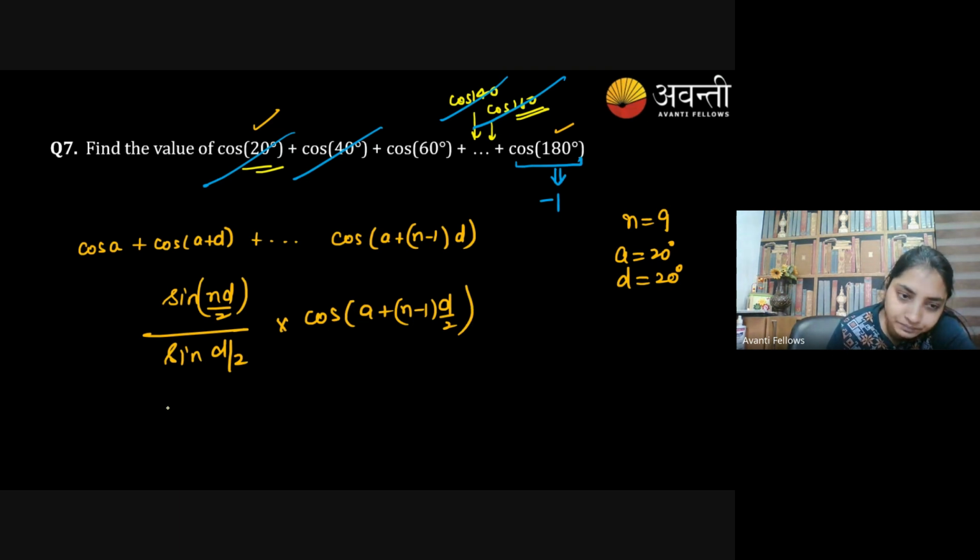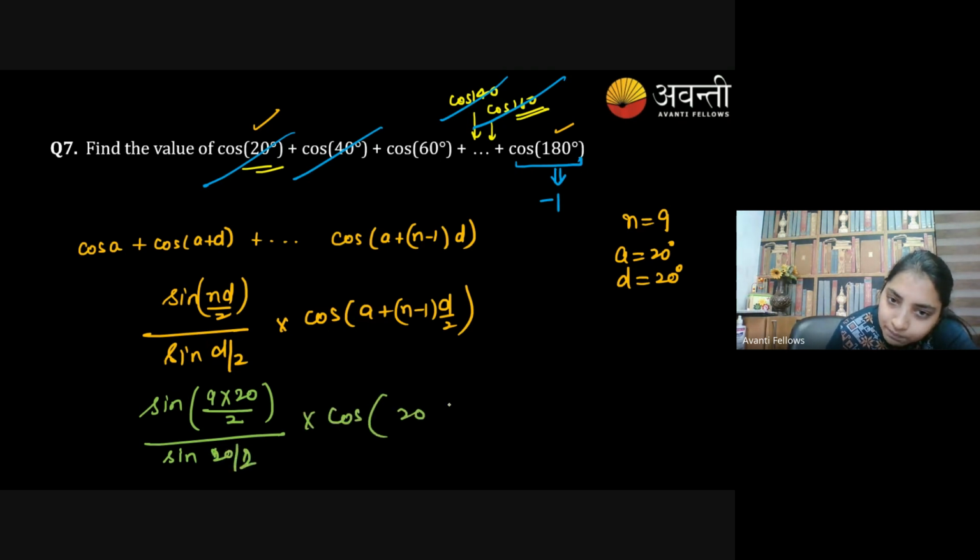Clear? So now you have sin of n, where n is total 9, D is 20, so sin(9 into 20 by 2) divided by sin(20 by 2), into cos of 20 plus 8 into D by 2, where D is 20 by 2.